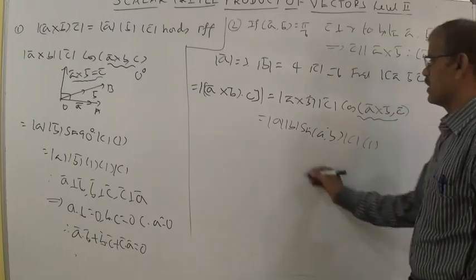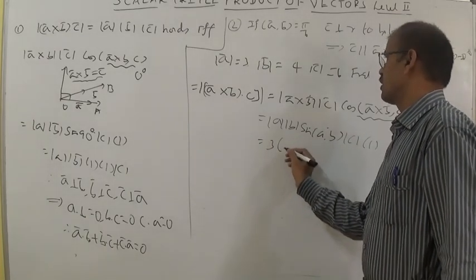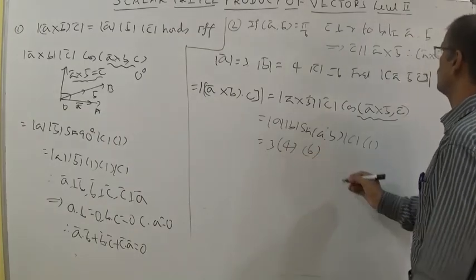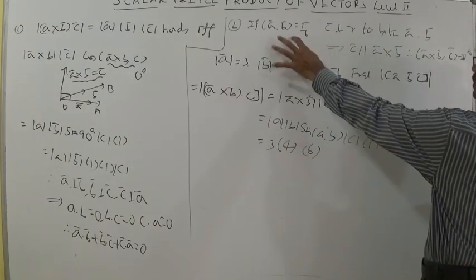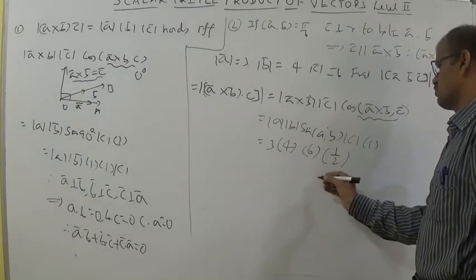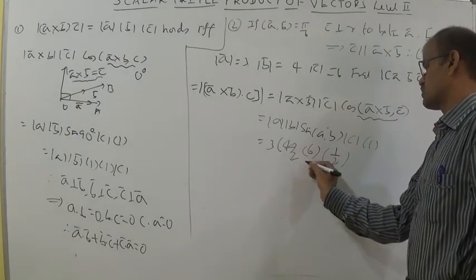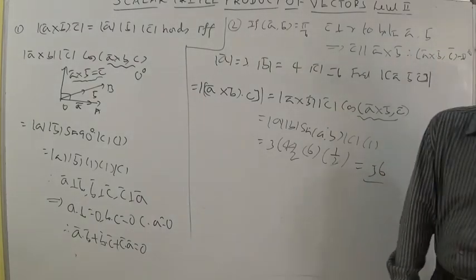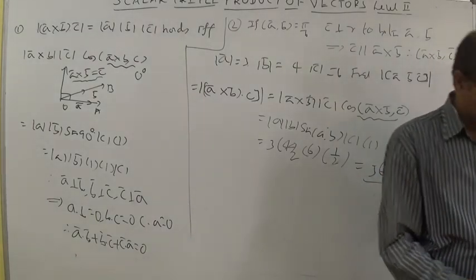Mod A is 3, mod B is 4 and mod C is 6. The angle between A bar and B bar is pi by 6. What is the value of sine 30? It is 1 by 2. So the 2s cancel: 3 2s are 6, 6 6s are 36. 36 is the answer of the second question.